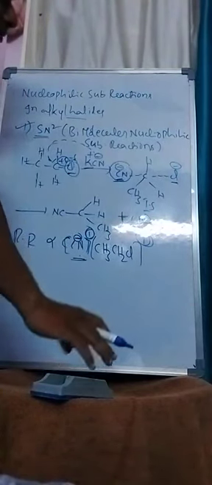Actually, we are going to study practically the rate of reaction depends mostly on concentration of cyanide. I mean if cyanide concentration is more, then the reaction will take place with high speed. Means if you take the potassium cyanide in high concentration.